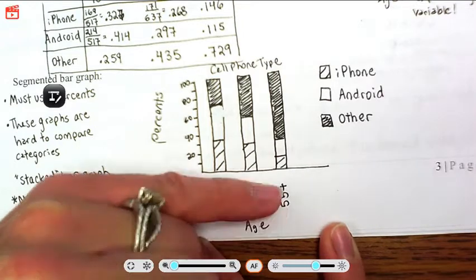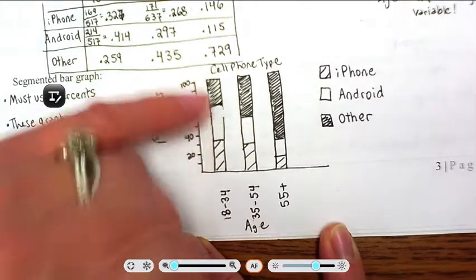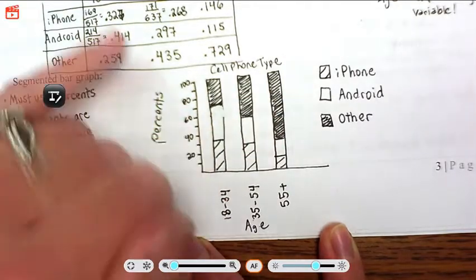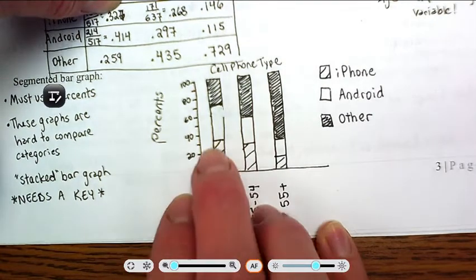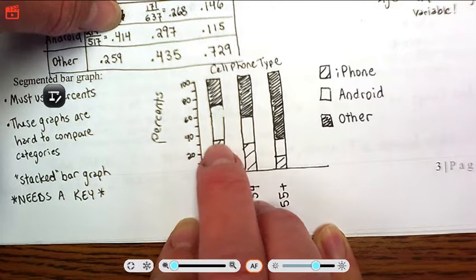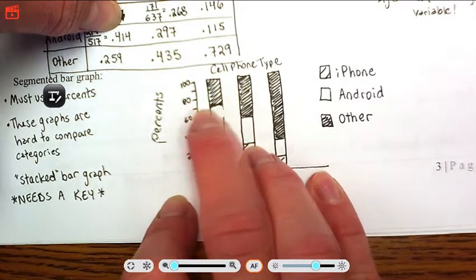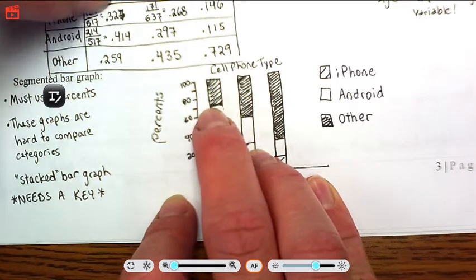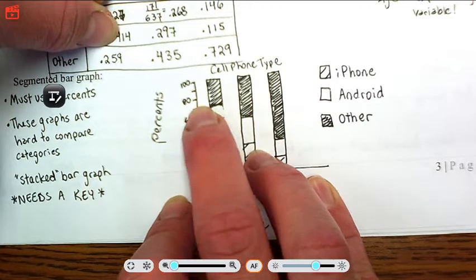You list your explanatory variables, then you divide up how they use cell phones. So first, my 18 to 34-year-olds, 32% used iPhone, so just about 30. 41% used Android. Now I have to count from 32, add 41 to it, and I get all the way up here around 73-ish, just about 74-ish.